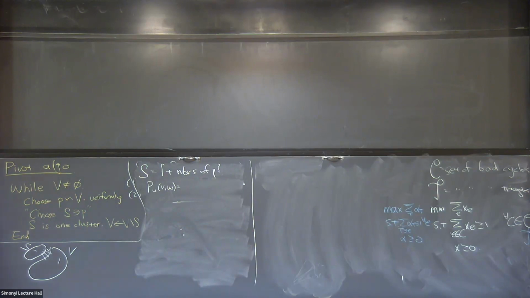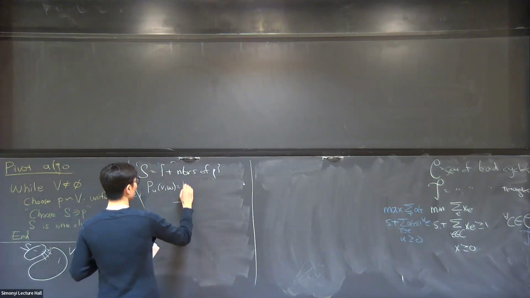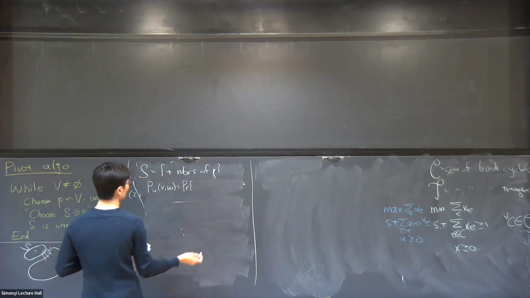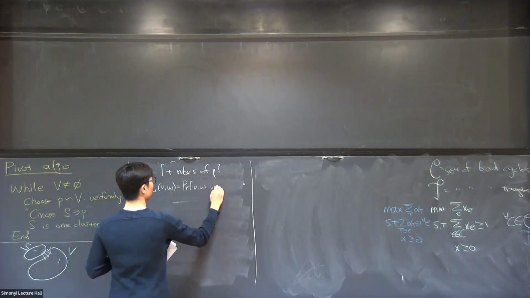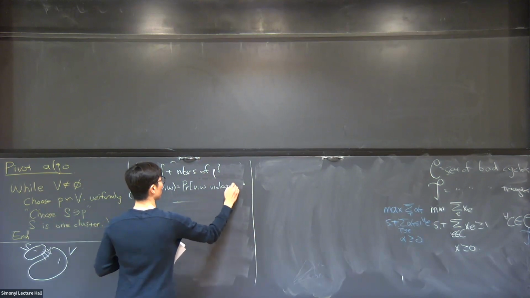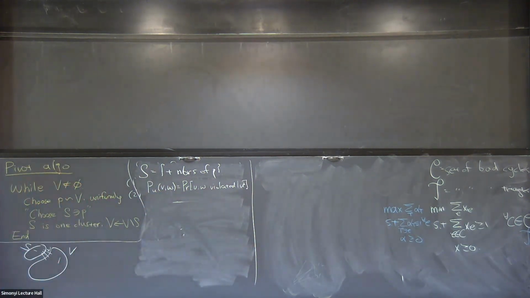So what's the probability that VW is violated when U is given, again over all iterations?